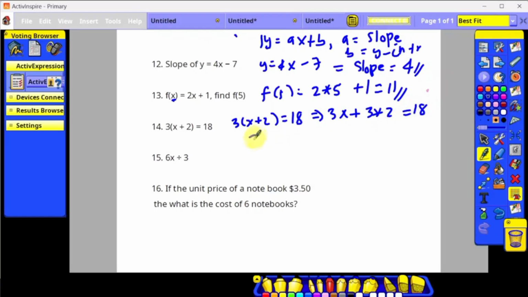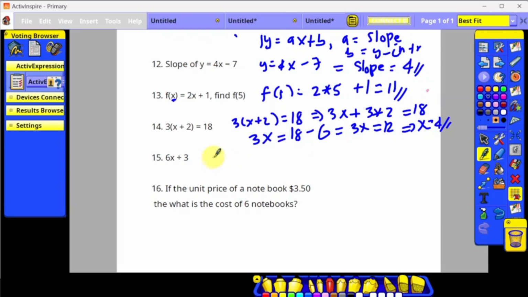So 3x is equal to 18 minus 3 times 2, which is 6. We move it to the right. 3x is equal to 12, which implies x is equal to 4. So x is equal to 4.